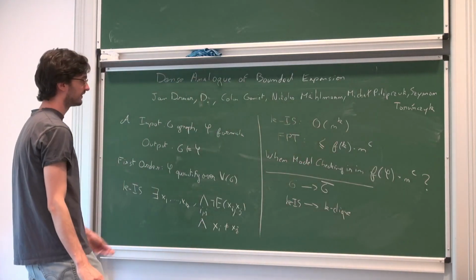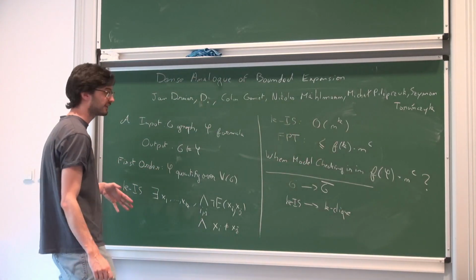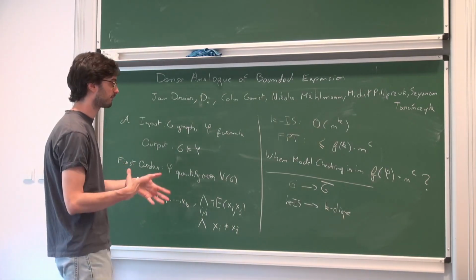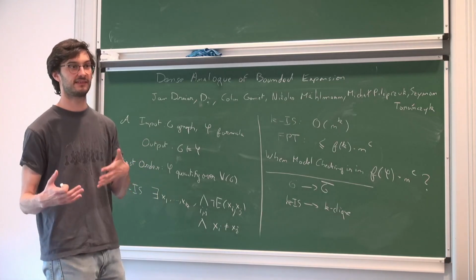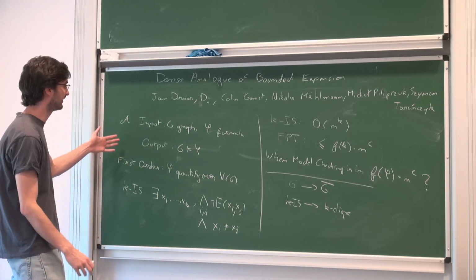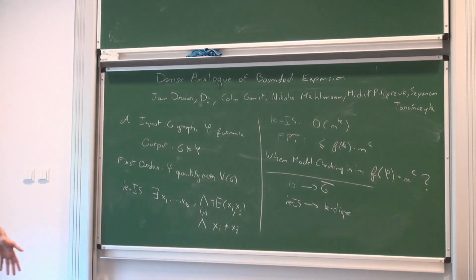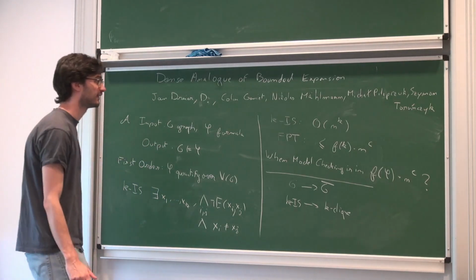What it means is that whatever the class of graphs you are searching for, its complement should also be in the set of classes that satisfy model checking, the existence of some model checking algorithm.